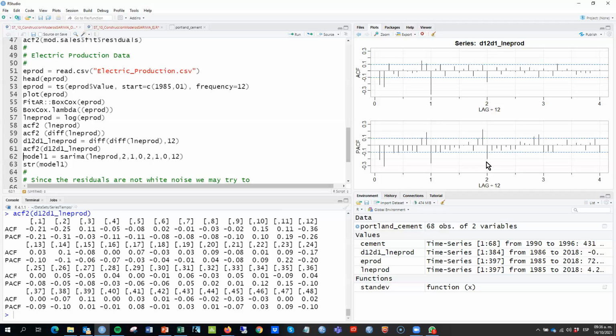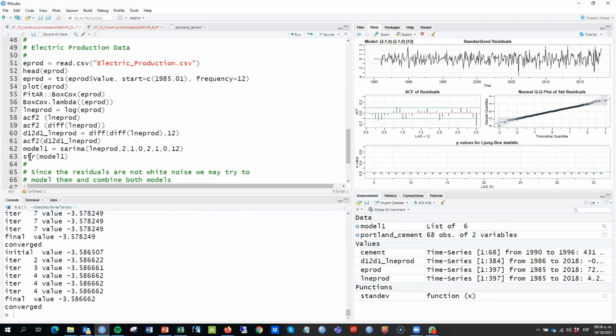So this is telling me that on the seasonal component I may have two autoregressive terms, and one difference, and I'm working with the difference of order 12 of the first difference. So the natural model to try would be this one, the SARIMA with the log of the electric production: an AR2 with one difference on the non-seasonal part, and AR2 with one difference in the seasonal part.